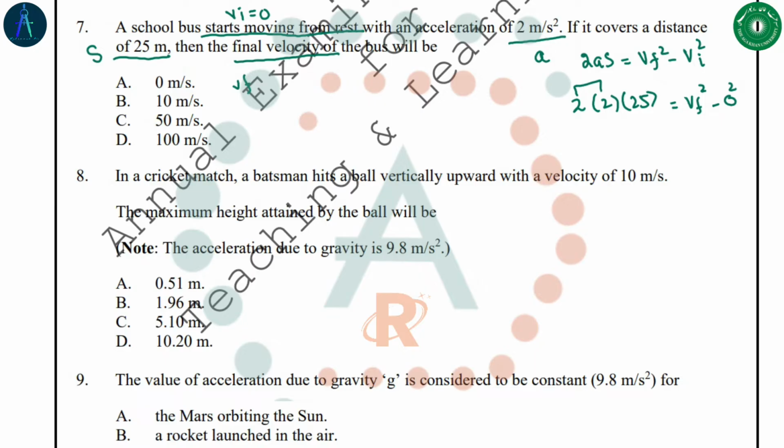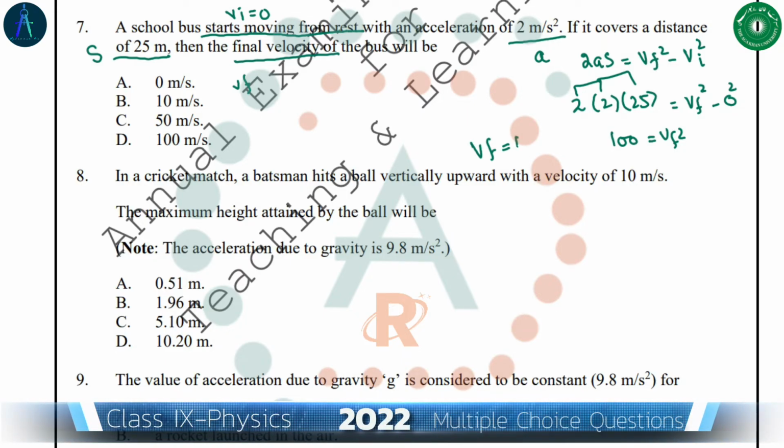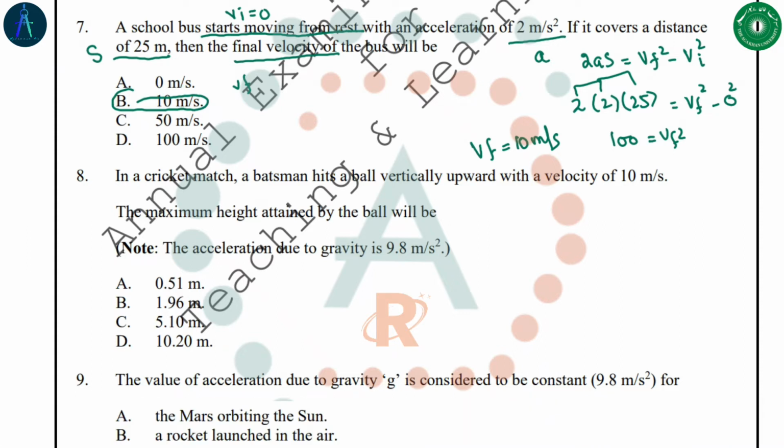So 2 into 2 is 4 and 4 into 25 is 100, equals Vf square. Finally the final velocity will be equal to 10 meters per second. So the correct answer for question number 7 will be option B.